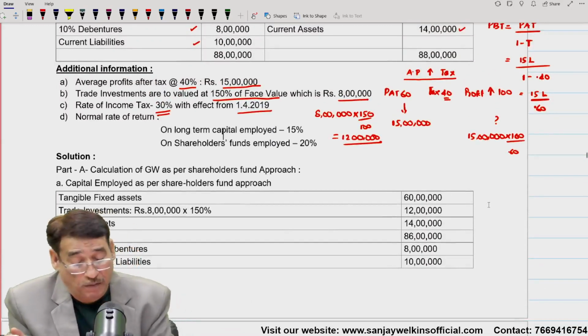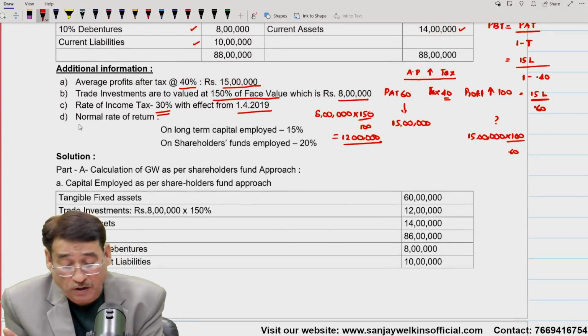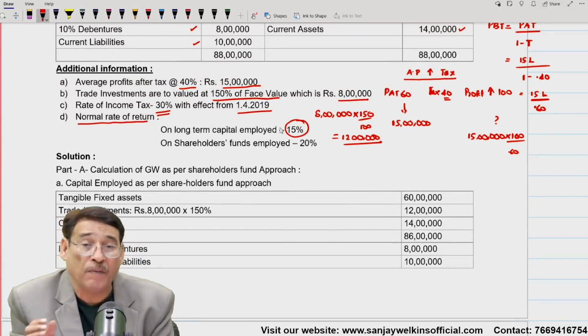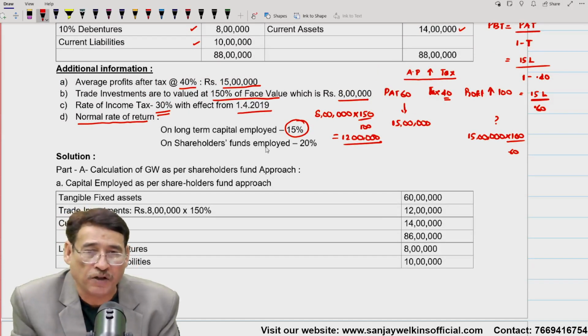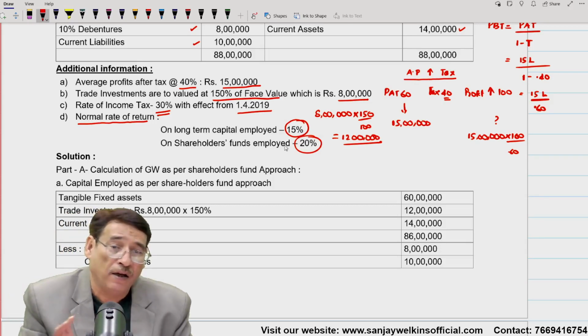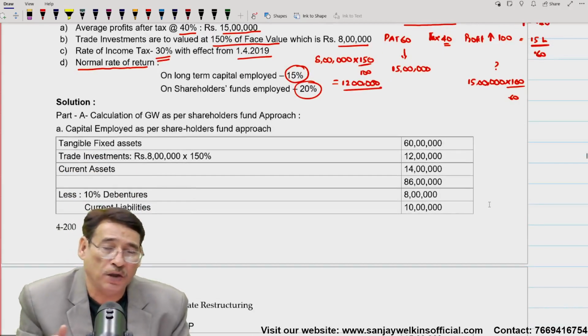So first we come, and then one more thing given in this question is your normal rate of return as per long-term capital employed. That means there are two approaches to compute the capital employed: the long-term fund approach, we call it long-term capital employed, and the shareholders fund approach. Correct? Normal rate of return under both these approaches is different.